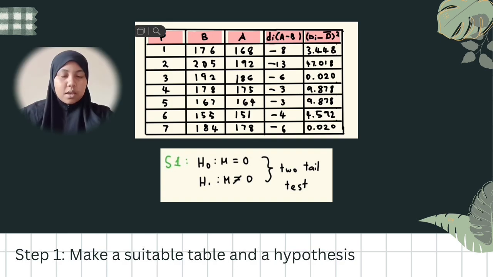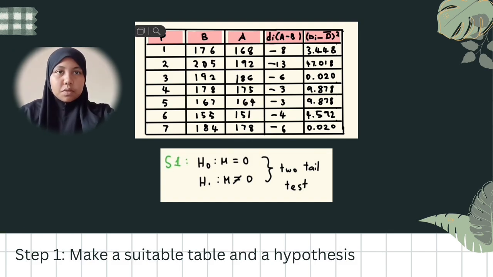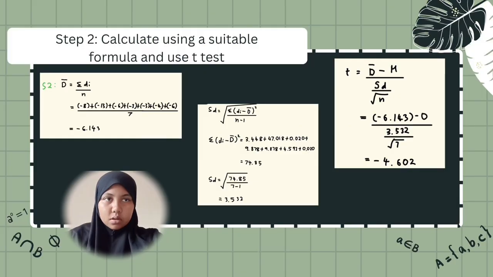And a column for D minus D-bar, to the power of 2. After that, we have to do a hypothesis. H0 is mu equal to 0 and H1 is mu not equal to 0, because if we do a hypothesis, H1 will always be opposite to H0.